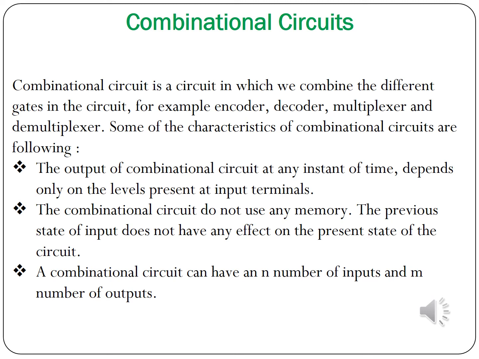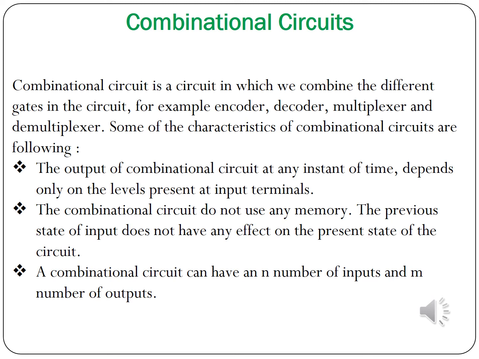Some of the characteristics of combinational logic circuits: the output at any instant of time depends only on the level present at the input terminals. So the output depends only on the present state of input, not on a previous state of output.